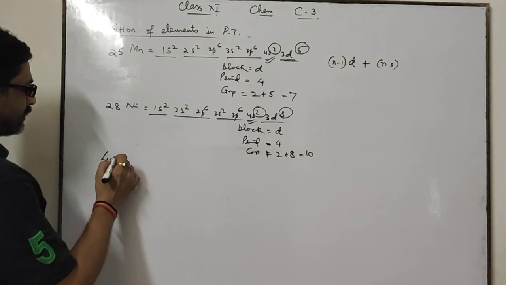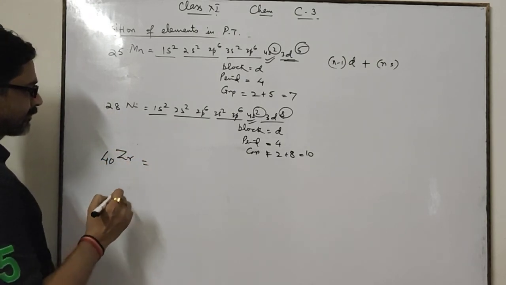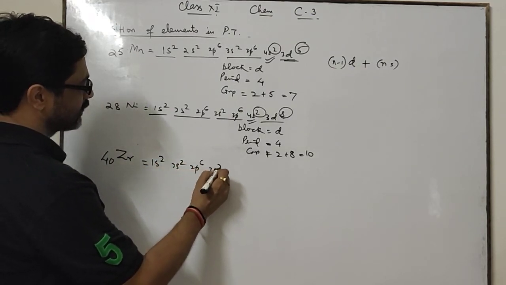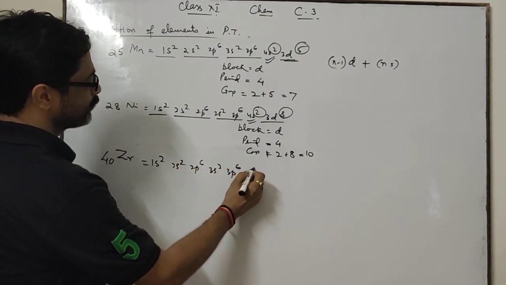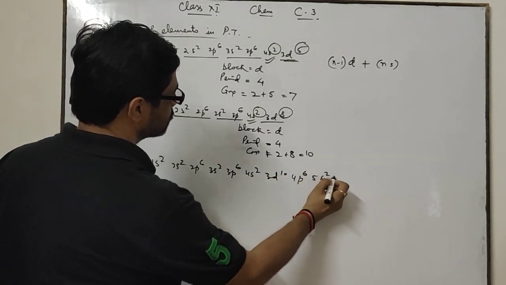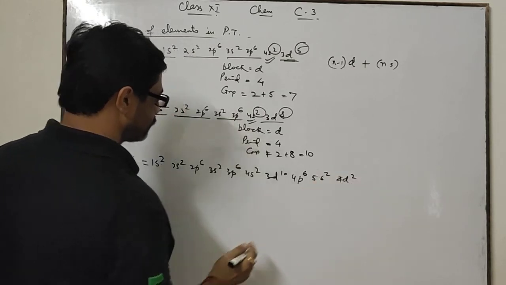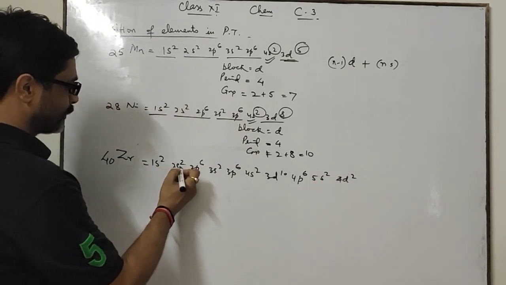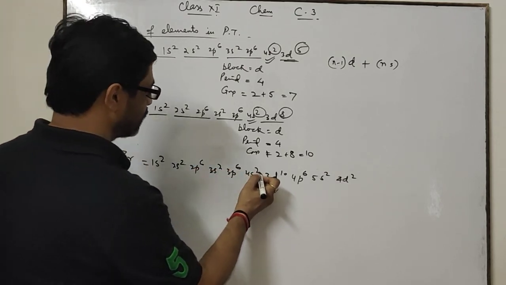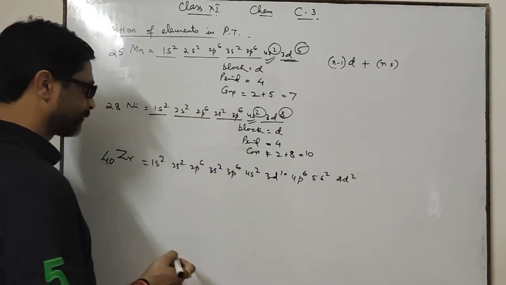For another element, 40 Zr, first of all we write the electronic configuration like this: 4s2, 3d10, 4p6, 5s2, 4d2. Counting electrons: 2 plus 2 is 4, plus 6 is 10, plus 2 is 12, 6 is 18, 20, 30, 36, 38, 40.